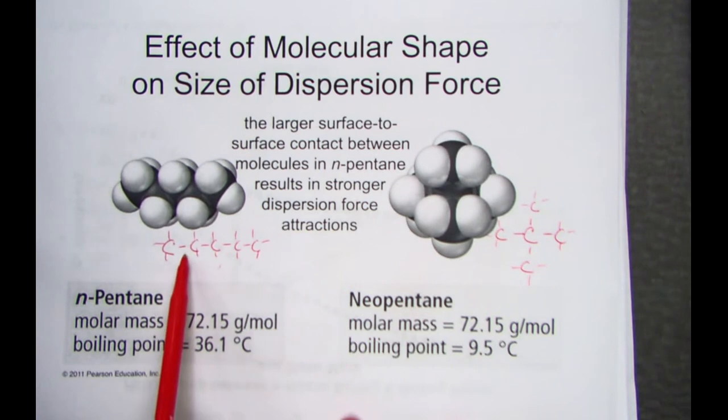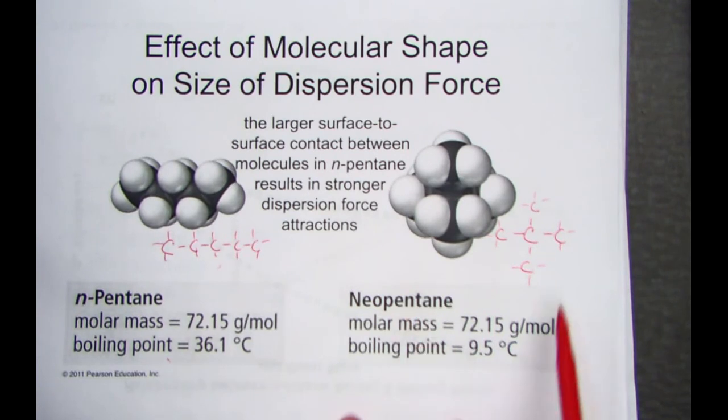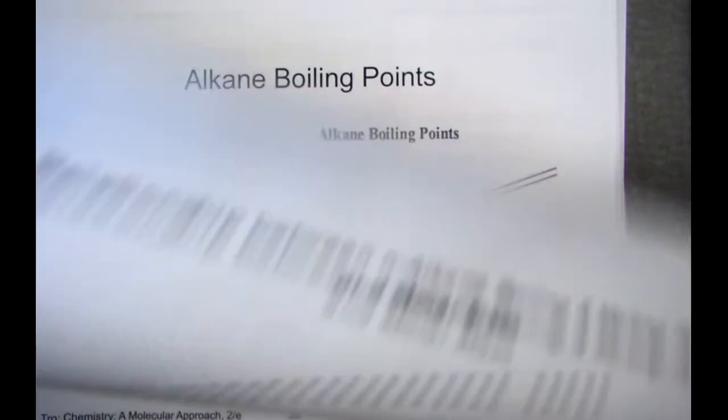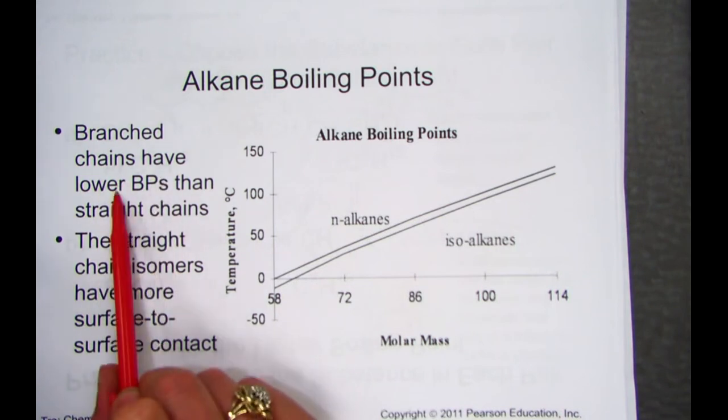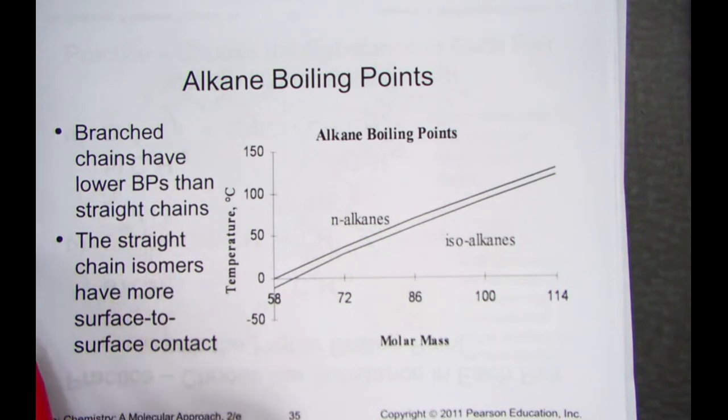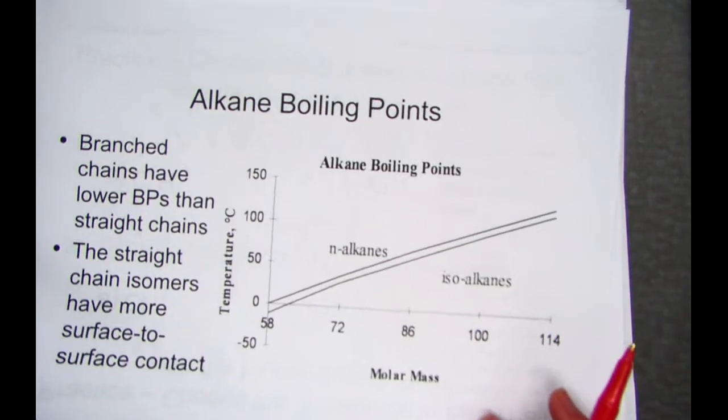Clearly, normal pentane, n-pentane, 5 in a row, boils at a higher temperature than neopentane, which has less surface area to create London dispersion forces. Branched chains have lower boiling points than straight chains. The straight chain isomers have more surface-to-surface contact and therefore create more intermolecular attractions, more opportunity to induce a dipole, called a London dispersion force.